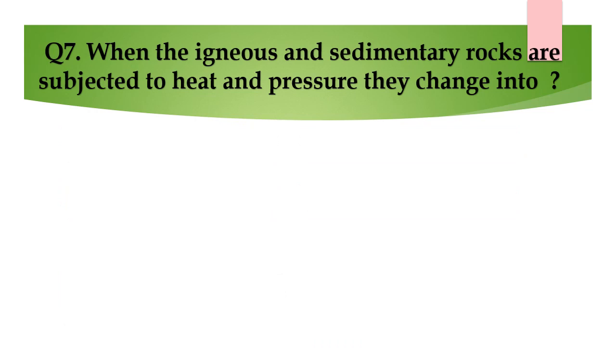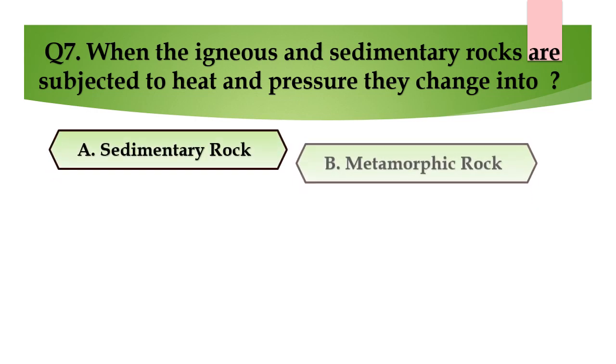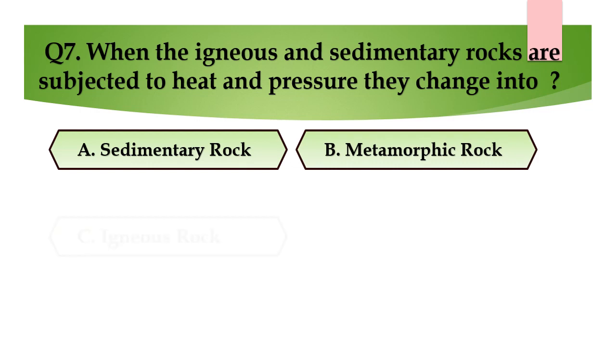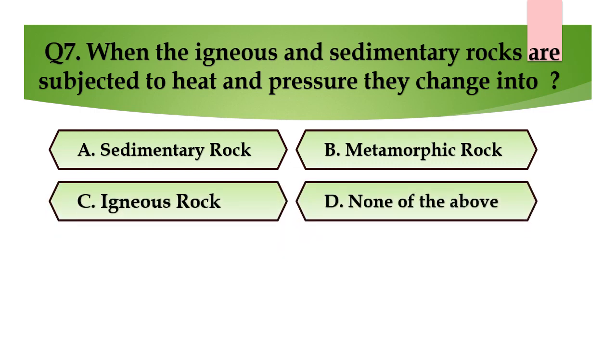Question number 7. When the igneous and sedimentary rocks are subjected to heat and pressure, they change into A. Sedimentary rock, B. Metamorphic rock, C. Igneous rock, or D. None of the above.